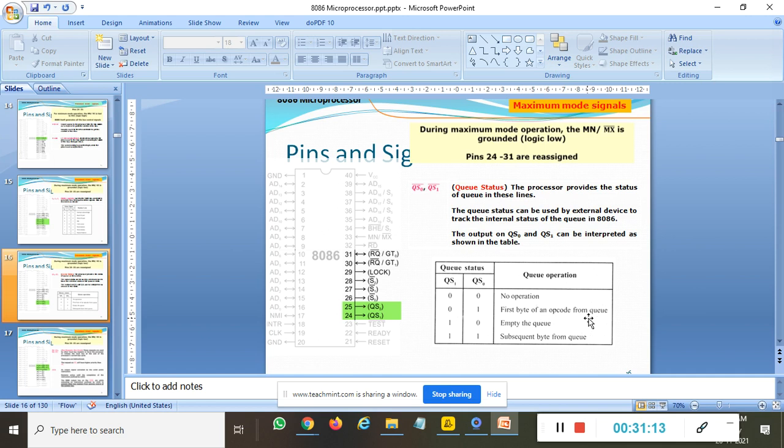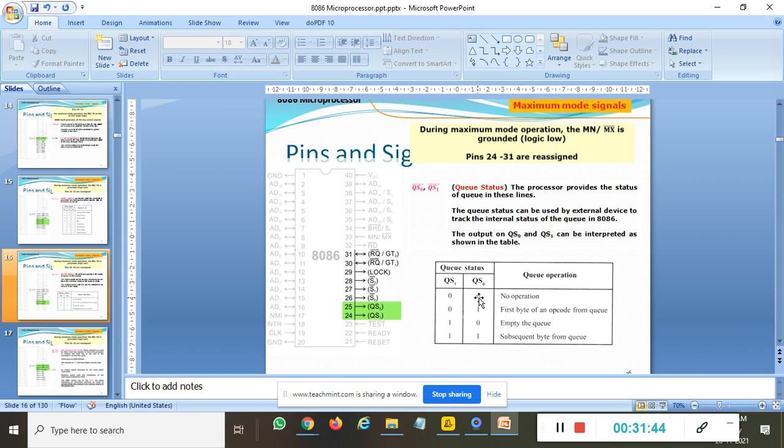Okay, and when QS1 is 1 and QS0 is 0, the Q is empty. And when both values are 1, 1, the subsequent bytes from the Q are fetched.